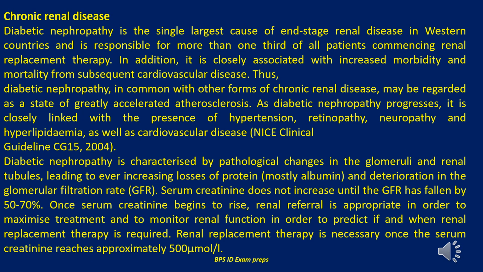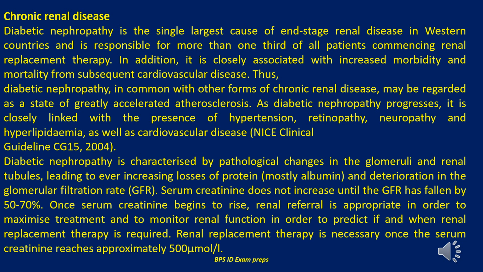Next we will discuss chronic renal disease. Diabetic nephropathy is the single largest cause of end-stage renal disease in Western countries and is responsible for more than one-third of all patients commencing renal replacement therapy. In addition, it is closely associated with increased morbidity and mortality from subsequent cardiovascular disease.